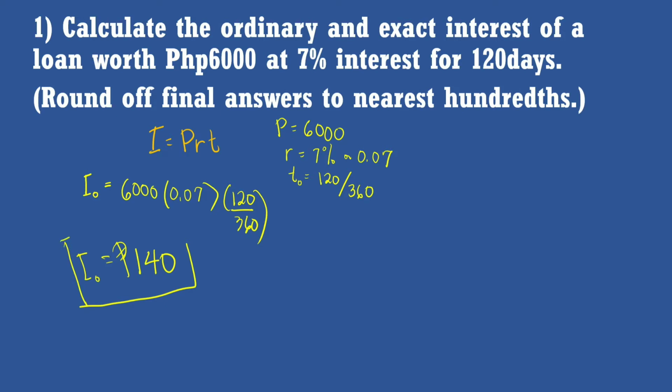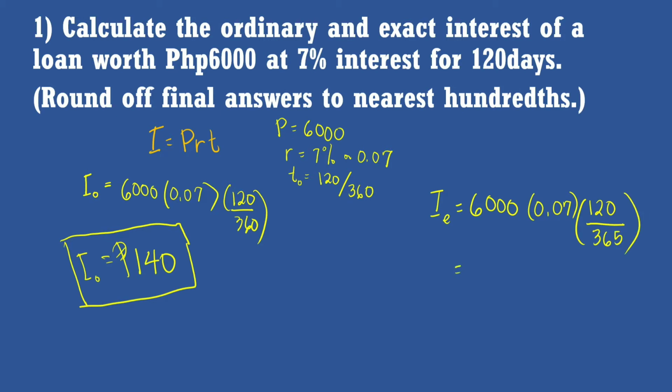Now, let us calculate the exact interest. Let us assign I sub E for exact interest. The same given: 6,000 pesos is the principal, the rate of interest is 0.07, and the time is 120. Since this is exact interest, we will divide it by 365.